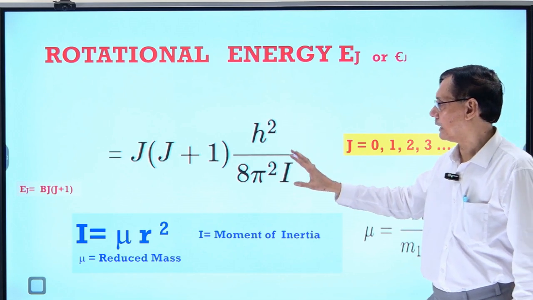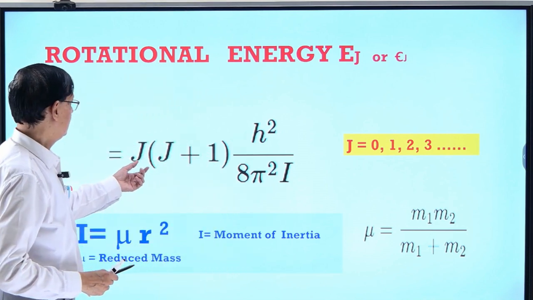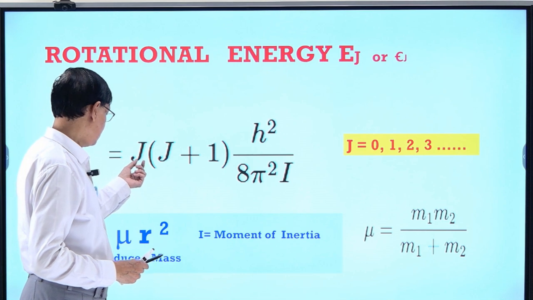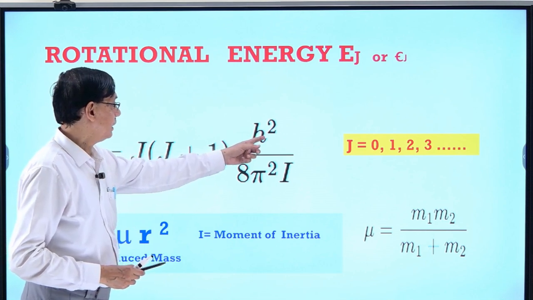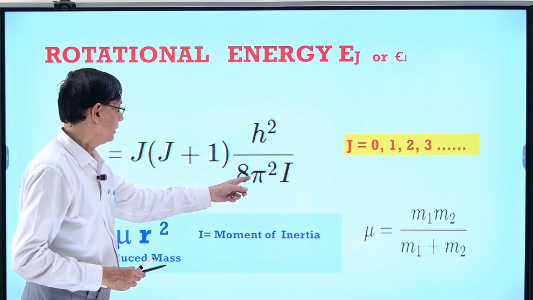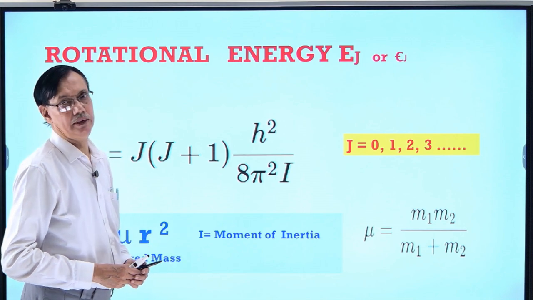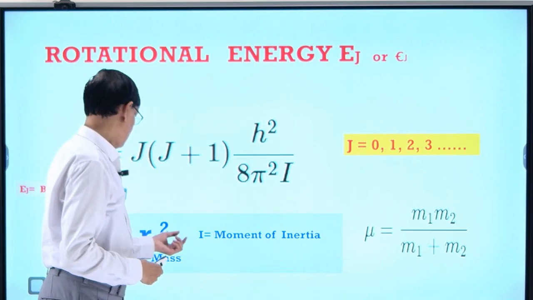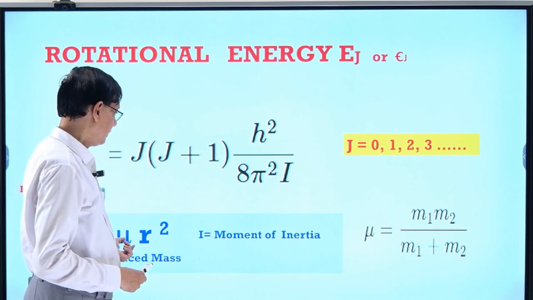So directly you can write the formula: rotational energy is equal to J, the rotational quantum number, times J plus 1, times h, Planck's constant, squared, divided by 8 pi squared I, where I is the moment of inertia, and mu is the reduced mass.